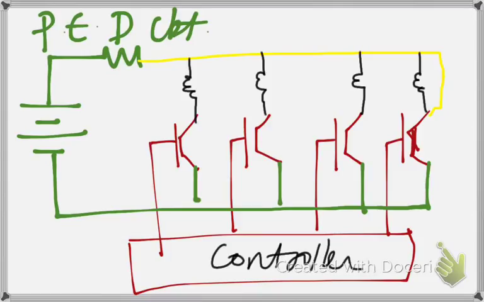So the working of this circuit is pretty simple. When this specific transistor or switch is on, this winding is given some amount of current in supply. The property of inductance is that it doesn't reach the peak value of the current immediately.